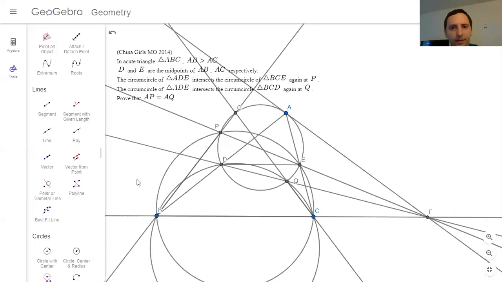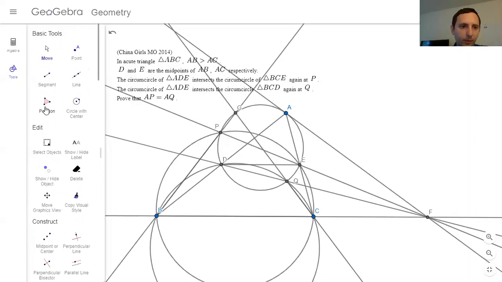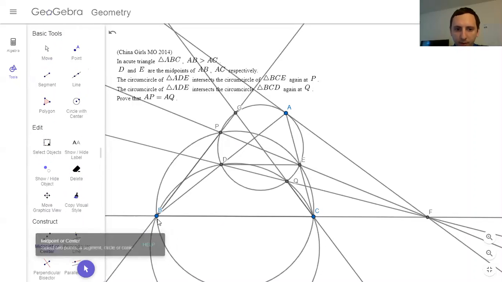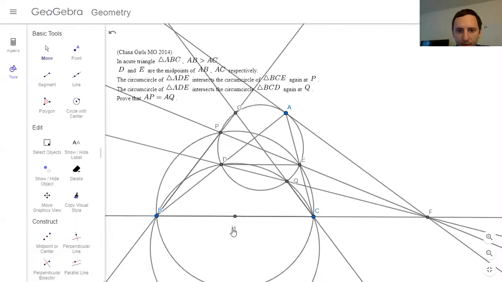Yeah, I feel like this problem has to be solved any second. I could try that, introduce the midpoint of BC. Let's think though, before we keep drawing new stuff. It feels like there has to be some way to finish this off.